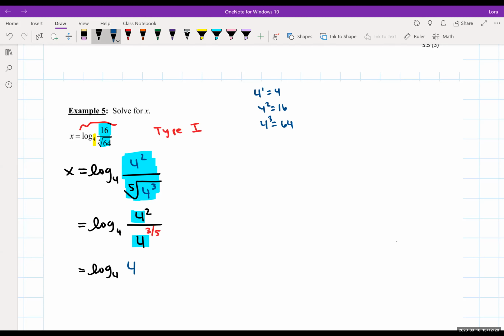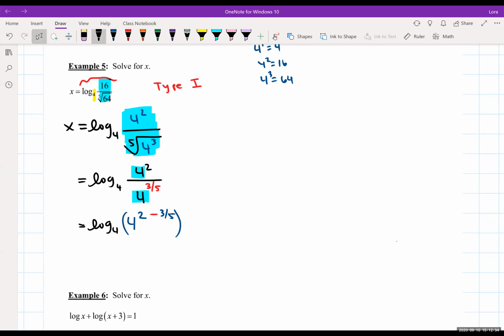So what that means is we end up getting 2 subtract off 3/5. So it allows us to now have a nice, non-fraction argument. And I wrote this extra step just because sometimes fractions kind of intimidate me. So I just want to remind myself that I'm saying, what is 2 take away 3/5? So I have log base 4 of 4 to the 2 minus 3/5.